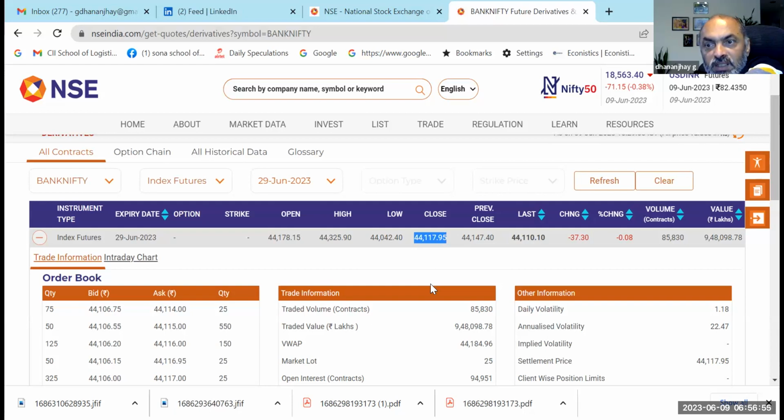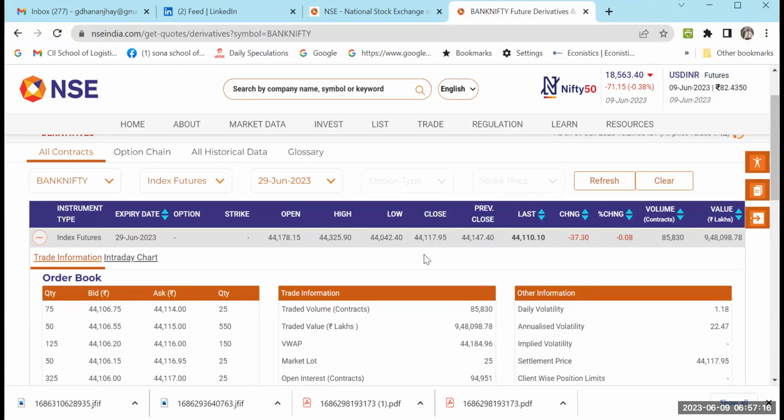Understood. Into 25. That means you are taking a position of 10 lakh rupees if you buy or sell one lot of Bank Nifty. Okay, sir.